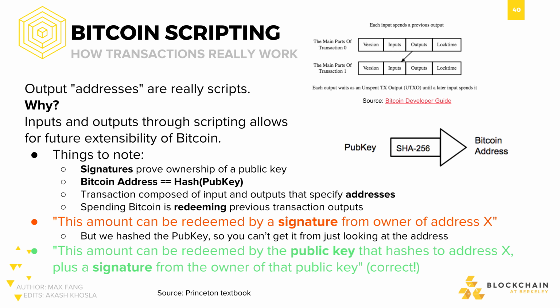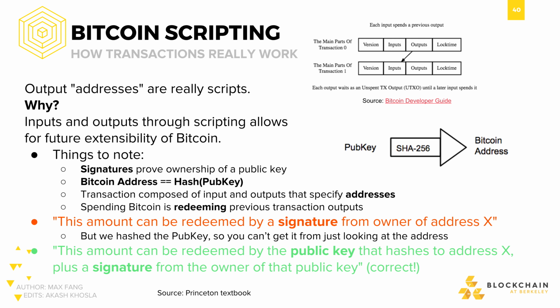We went over the fact that your public key gets hashed multiple times, and there are a lot of security measures in reality. So it's a bunch of hashes. The transaction is composed of inputs and outputs that specify addresses, and spending Bitcoin is redeeming previous transaction outputs.